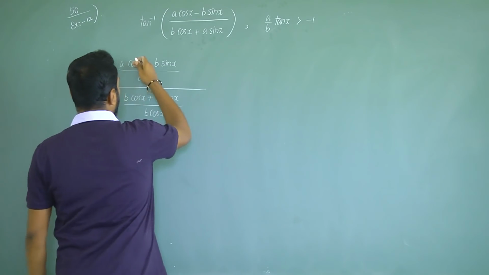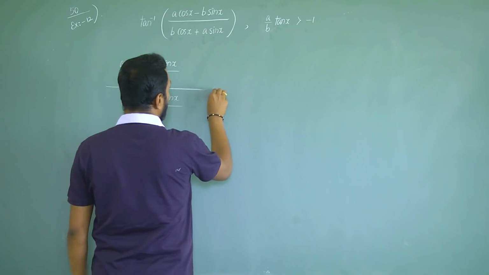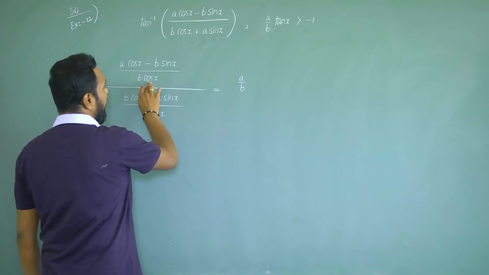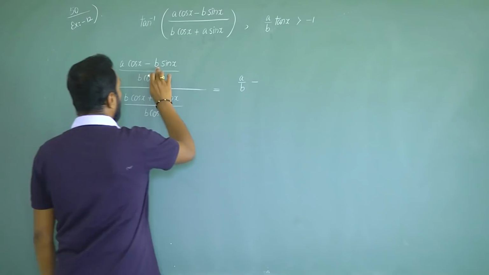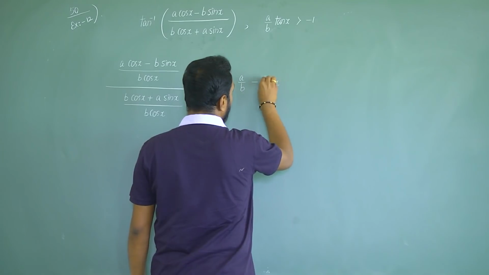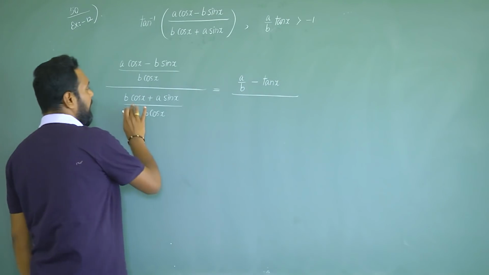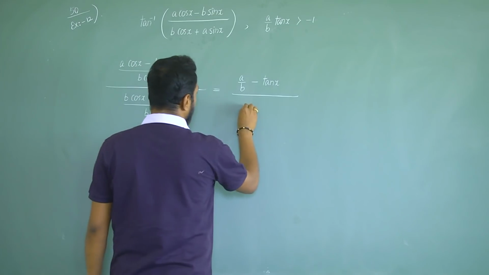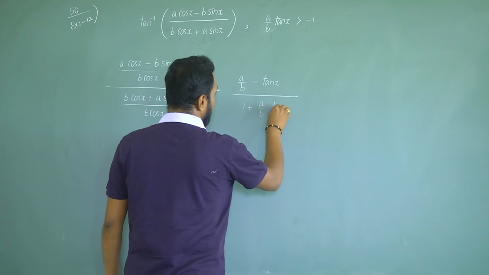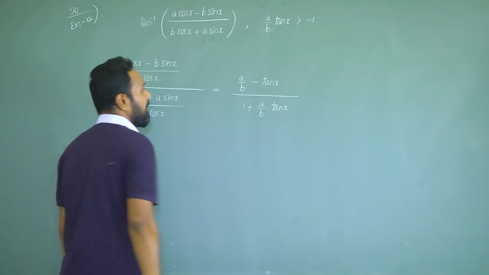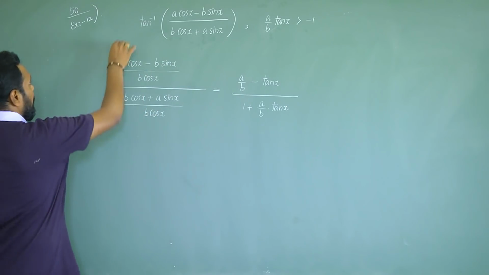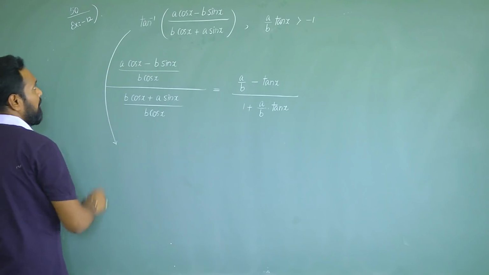Now if you split the numerator terms, it is a/b times cos x by cos x, 1, minus b by b cancel, sin x by cos x, which is tan x, divided by b cos x by b cos x, 1 plus a/b sin x by cos x, which is tan x.